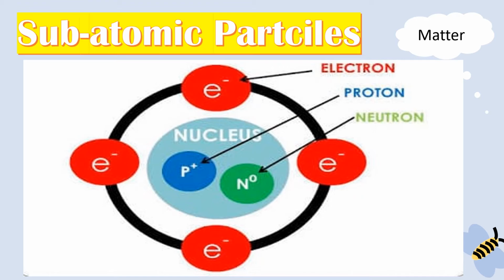These are protons and neutrons. It is also called the atomic nucleus. The word nucleus comes from the Latin word nucleus, which is a form of the word nux, which means nut or kernel.